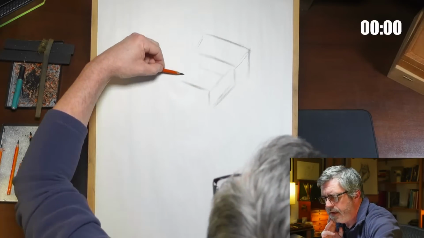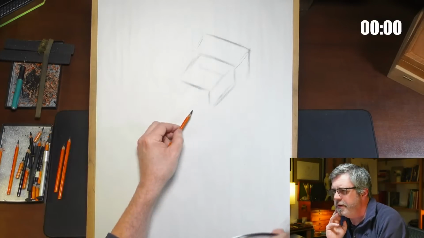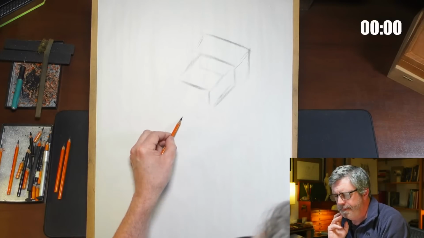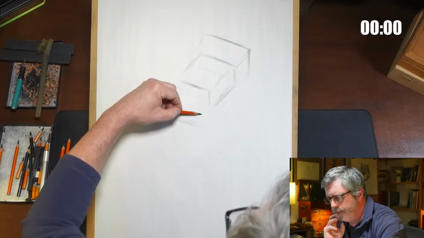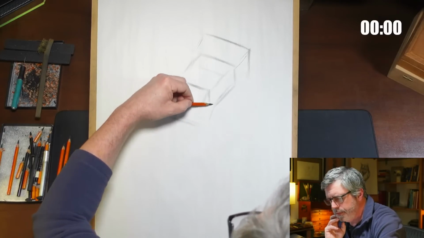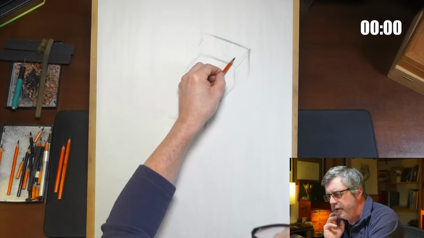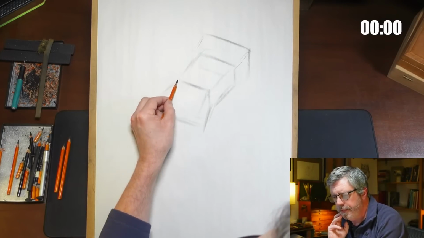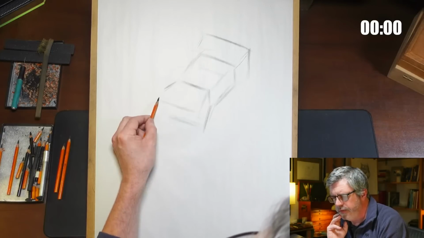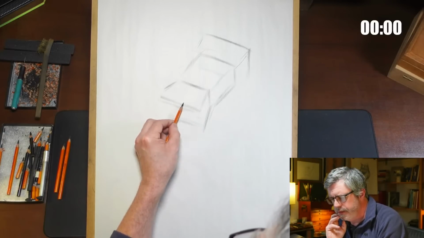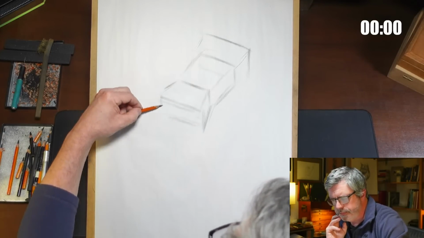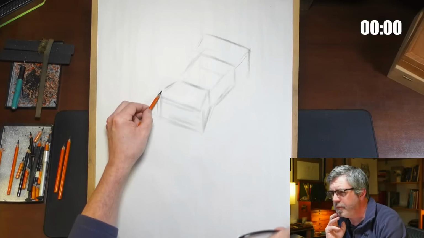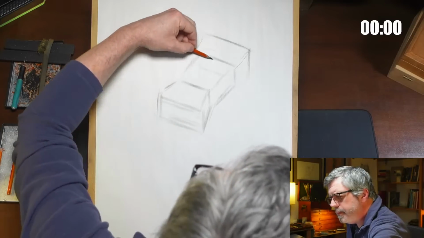So I'm just thinking, what does this mass look like? So we got kind of upper torso, lower torso here. I'm just trying to think of it in these terms. Let's find a center line.